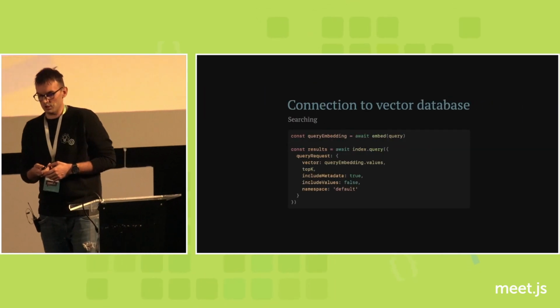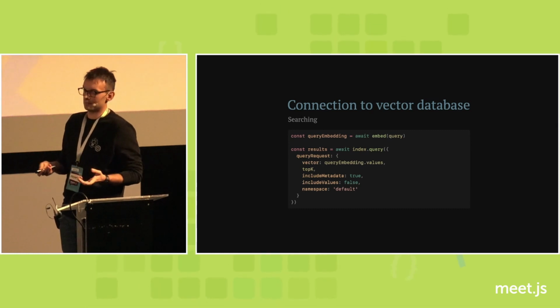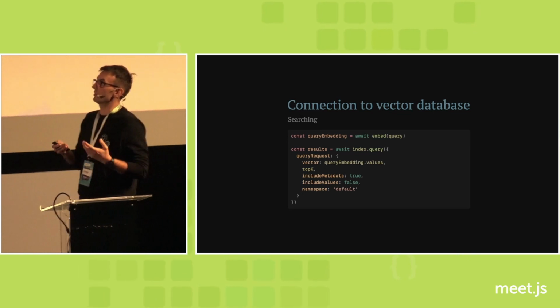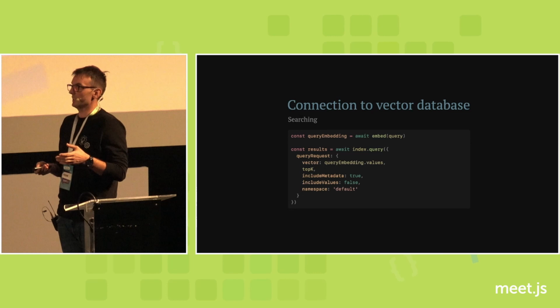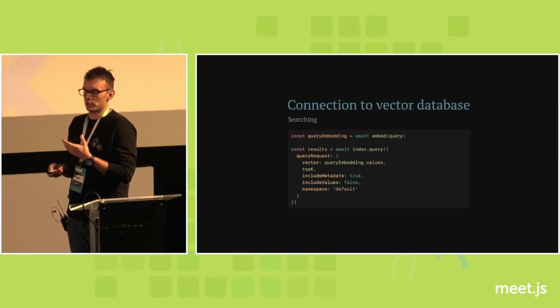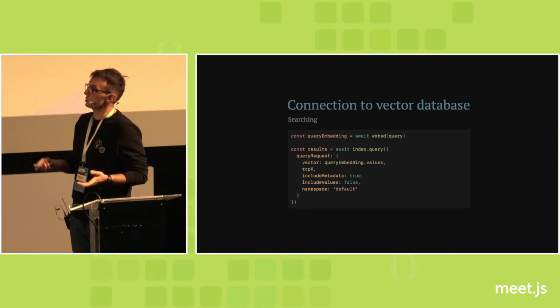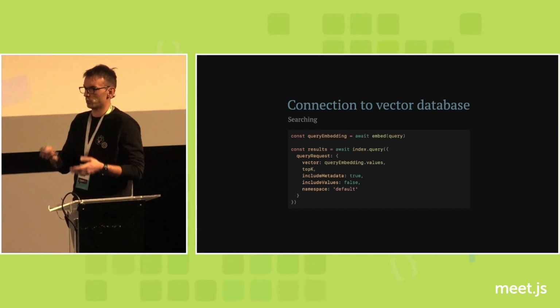In case of searching, when we want to search for elements, this is the difference from a relational database. In the relational database, we just execute the search. We provide the query and what we want to look for, exactly the same as what the user provides.